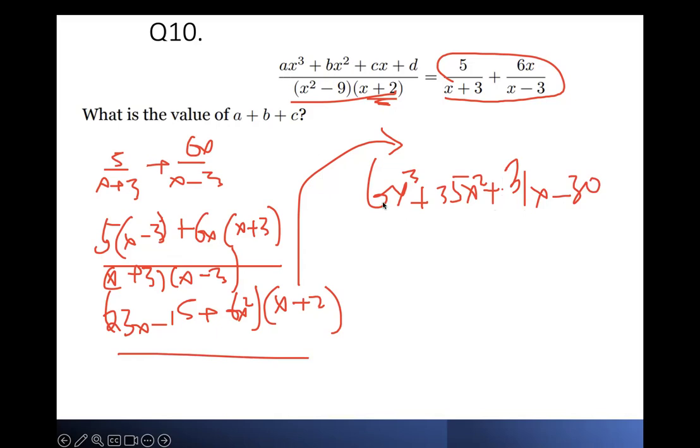You have A is equal to 6, B is 35, C is 31, and D is minus 30. And what does the question ask you? A plus B plus C. So you have 6 plus 35 plus 31. This will give you what? 72. So the right answer is 72.